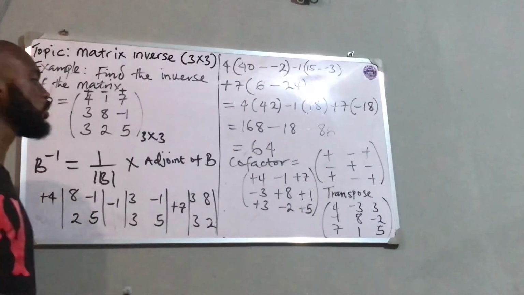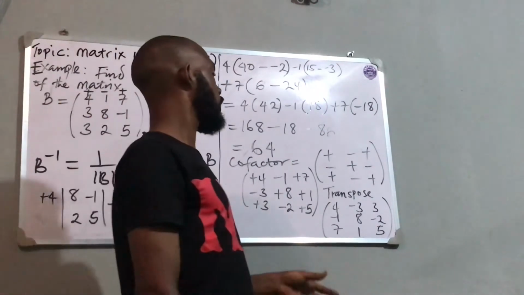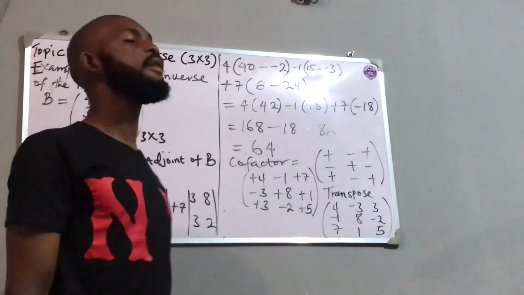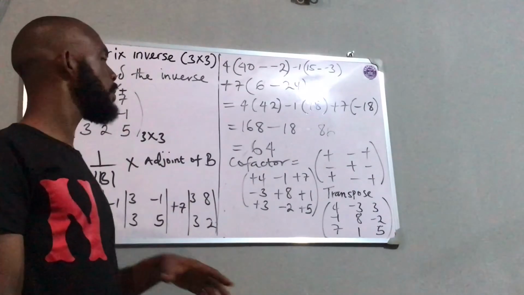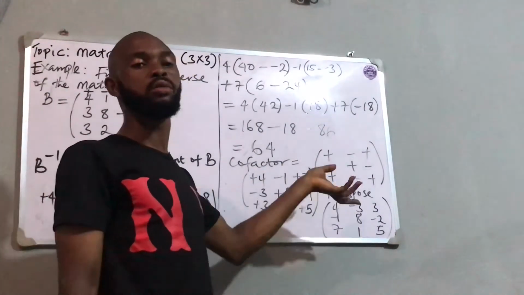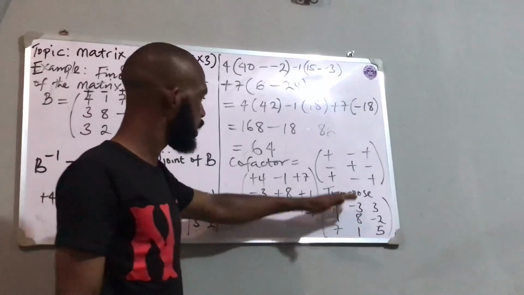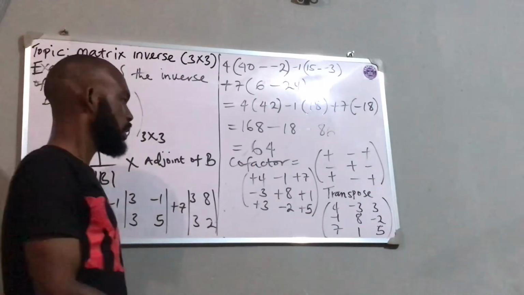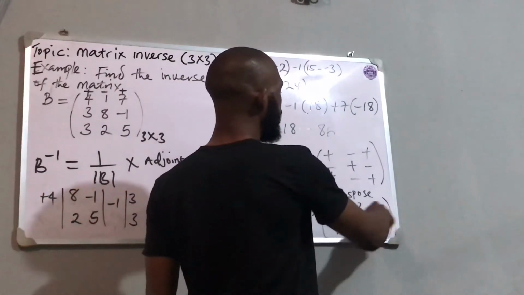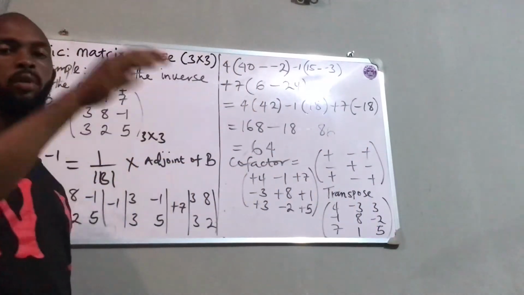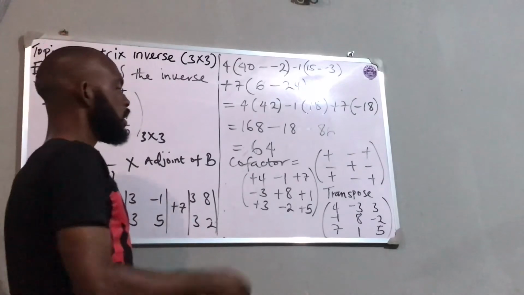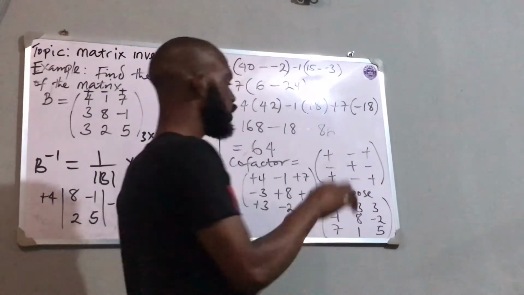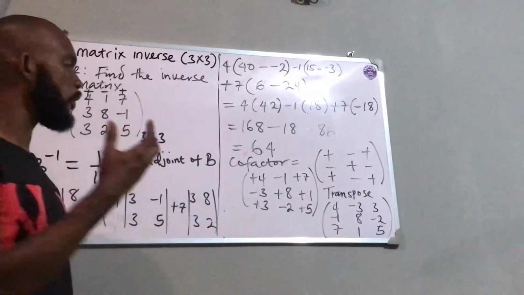The last thing I need to do is to find the minor of each of the elements. And how do I find the minor? For you to get the minor, you need to use the one you transposed. So this is the one I transposed, so I'm going to get my minor from that. To find the minor, you just delete the first row and first column. Then you have a 2 by 2 matrix, so you find the determinant.